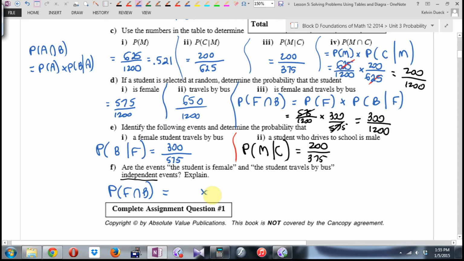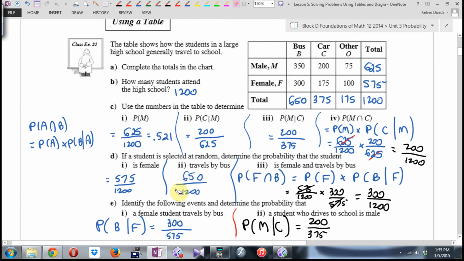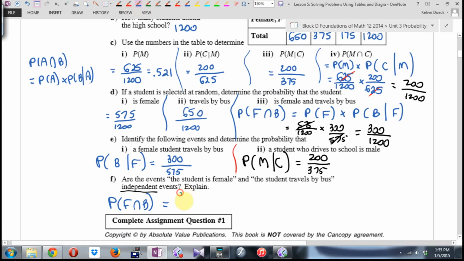Multiplying the probability of female times the probability of bus. This is an abstract, this is a tricky concept. First of all, what's the probability that they're female and ride the bus? 300 out of 1,200. Or, if I go to lowest terms.